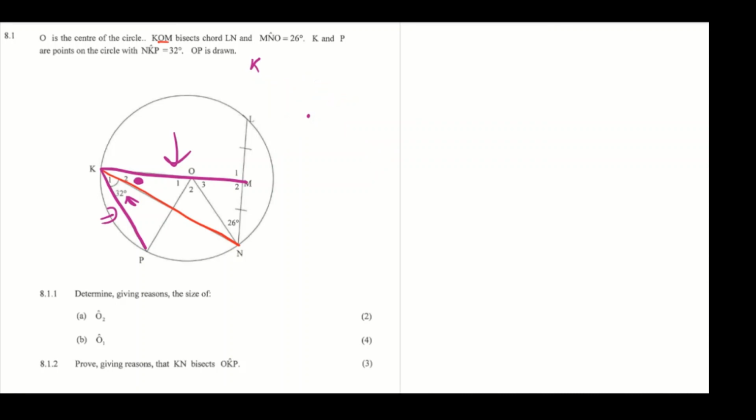So let's find this 32 degrees. What we're going to do is this. Looking at this triangle here in red, I'm just going to use it to solve this. You can see that this side here is equal to this side here. Reason: equal radii. So you can just state in your statement KO equals ON.